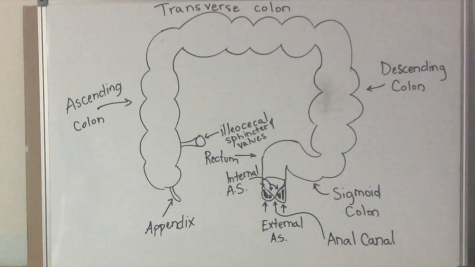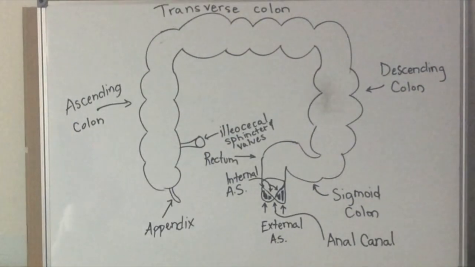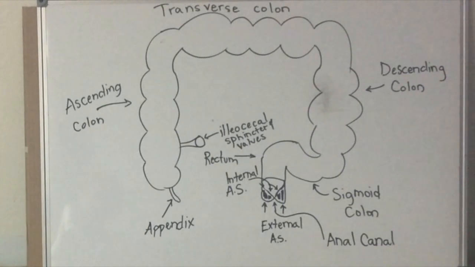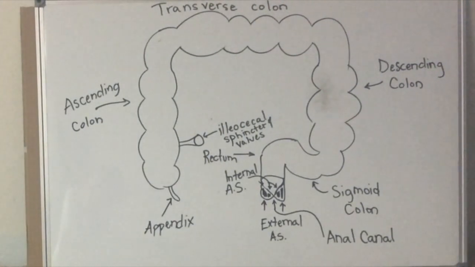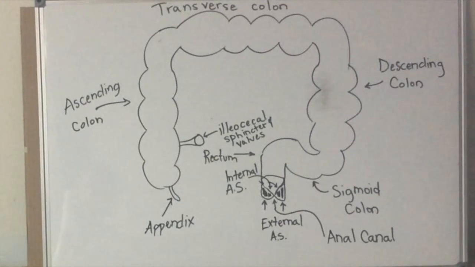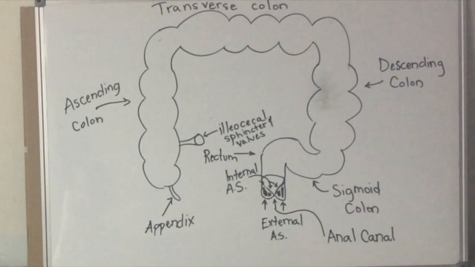These movements slowly mix its content, exposing more of it to the absorptive mucosa within the large intestine. Movement in the colon is largely non-propulsive. These contractions are called haustral contractions, and they're initiated by autorhythmic cells of the smooth muscle, which are largely controlled by the intrinsic plexus of the digestive system.